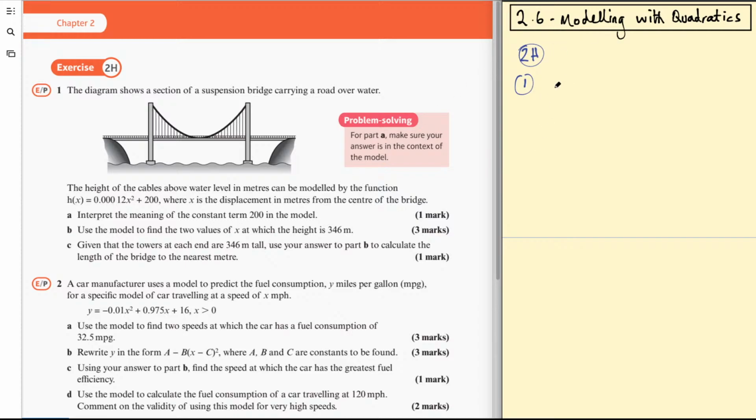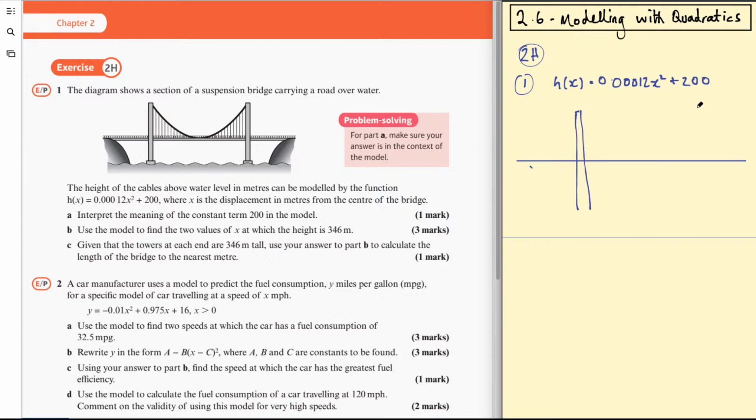Okay, so I'm going to go ahead and write that function down. 0.00012 x squared plus 200. And it can even be sometimes useful to draw a little sketch to yourself, which I'll go ahead and try to do.